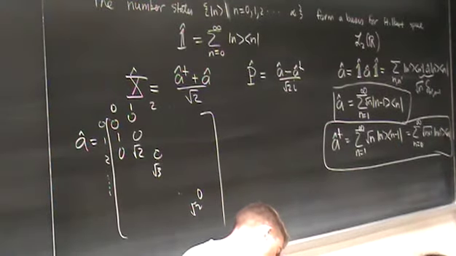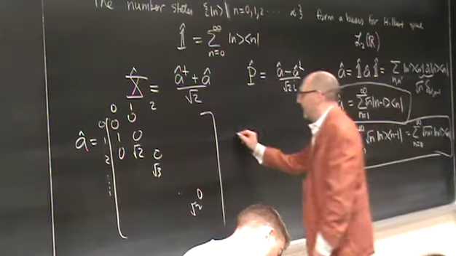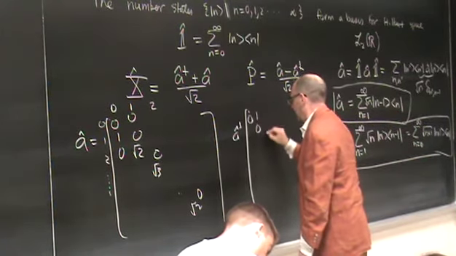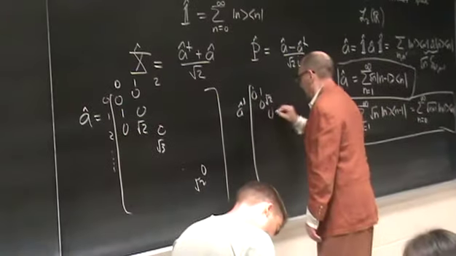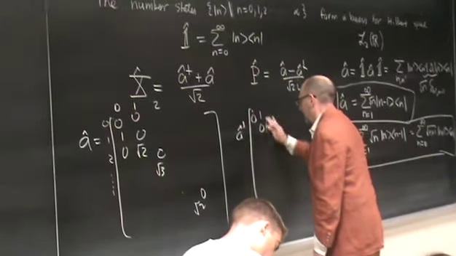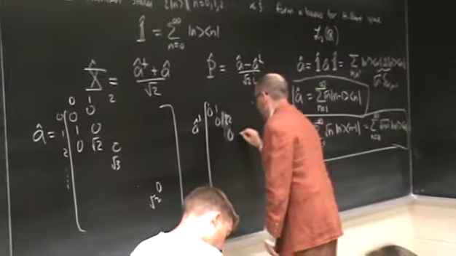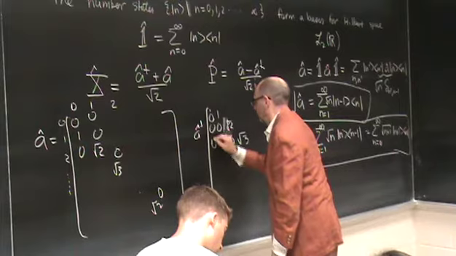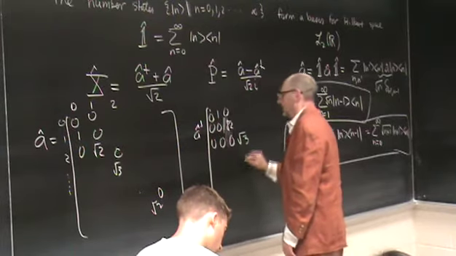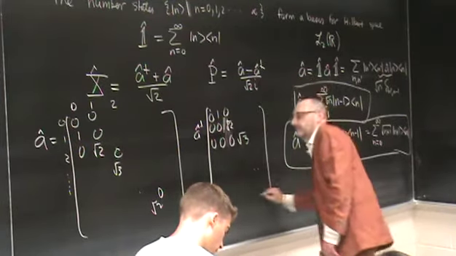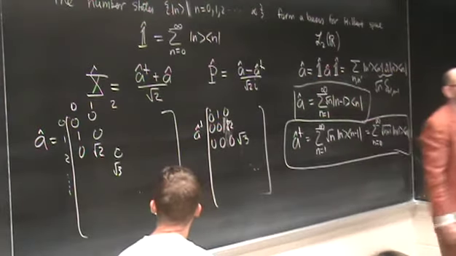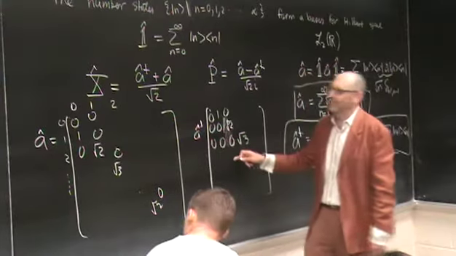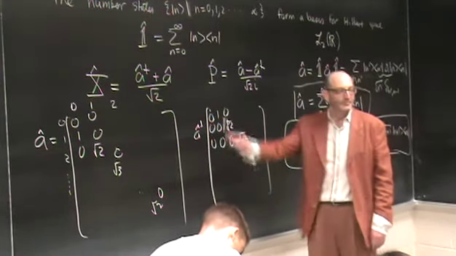And for A dagger to be the opposite side. Exactly. So A dagger looks like this. Okay. And so X is this plus that over 2, root 2.